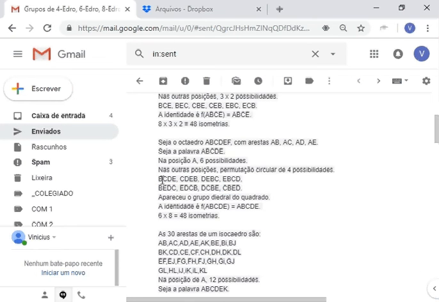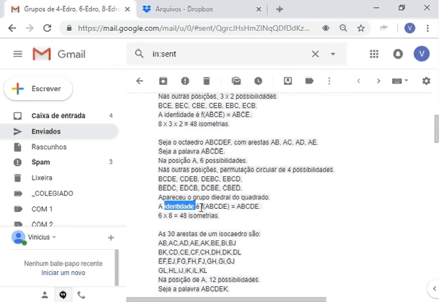We rotate: C joined with D, D joined with E, E joined with B, and B joined with C. Backwards, B, E, D, C. Here appeared the dihedral group of the square, 8 elements.